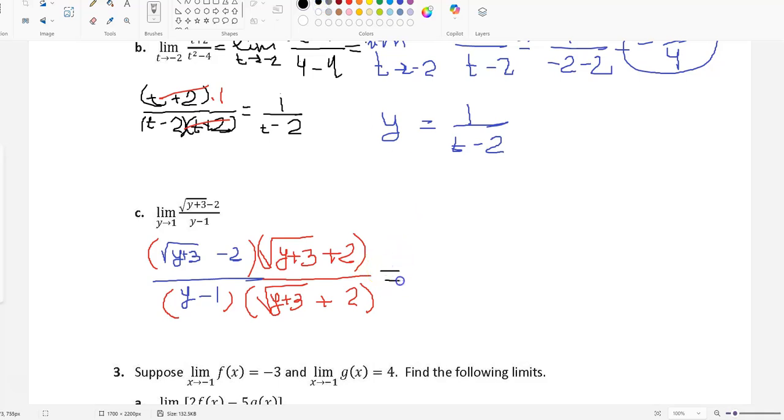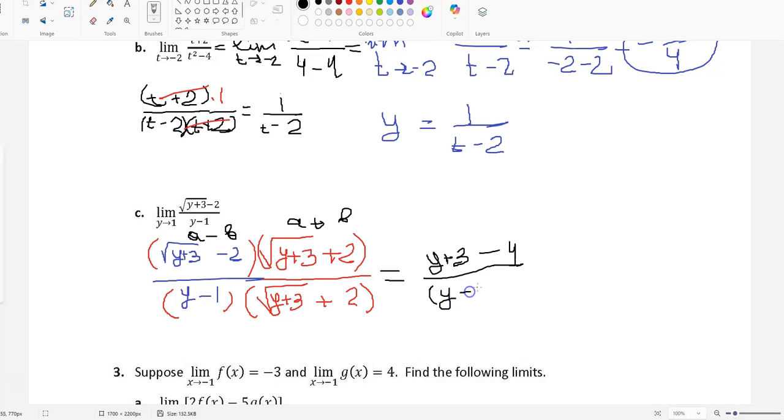You have to multiply both. Now here we have the a minus b times a plus b formula, which is a squared minus b squared. So what happens if you square a square root? You get y plus 3. And what happens if you square 2? You get 4. So that's your a squared, and this is your b squared. So here we keep it like so.